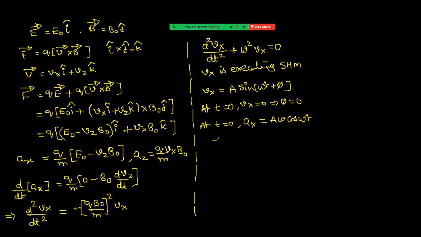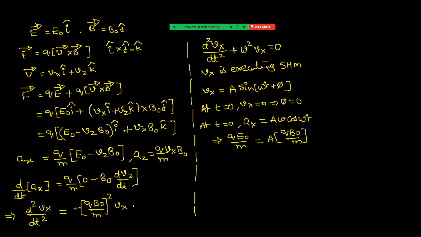So I'm writing here qE0/m, that is Ax. That should be equal to Aω, because at t = 0 the cos ωt value is 1, and ω value is qB0/m.